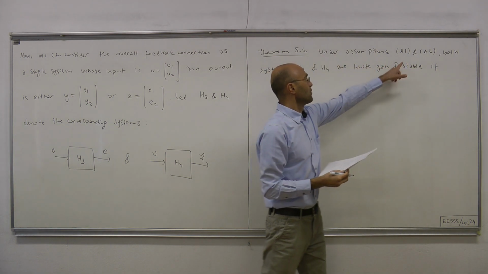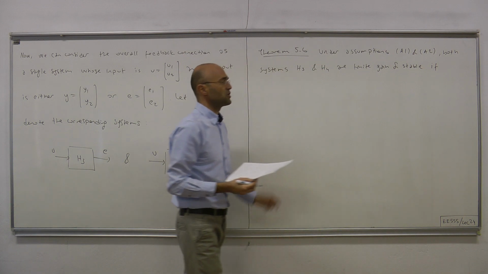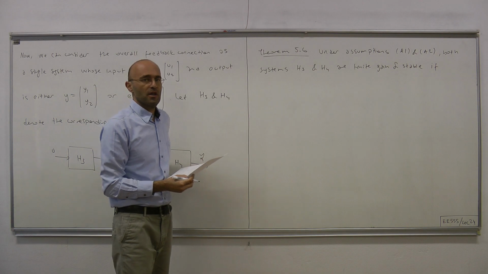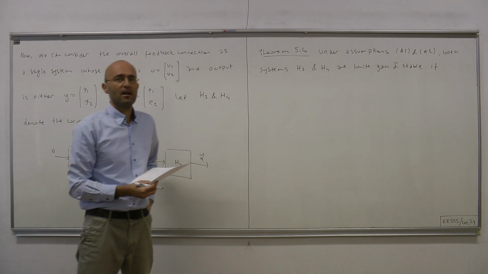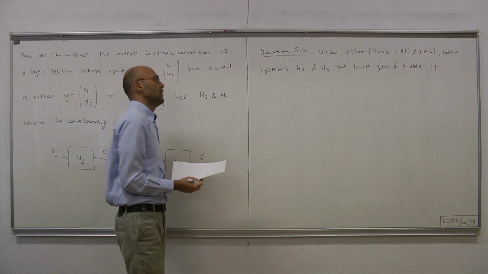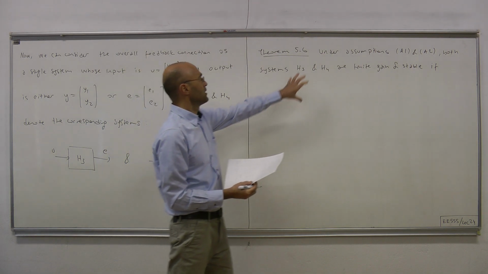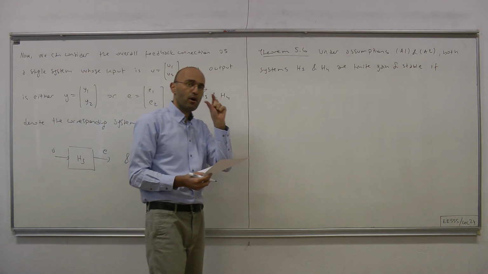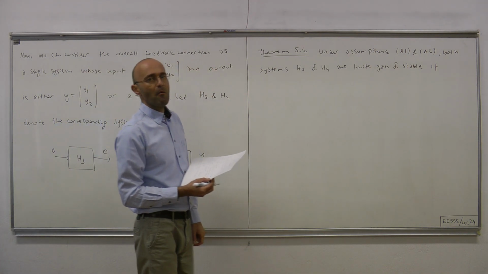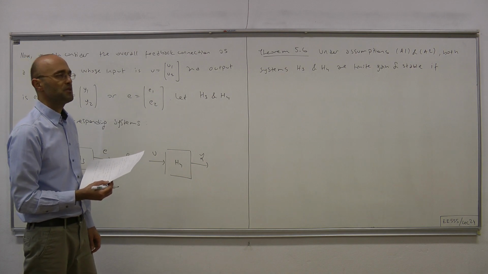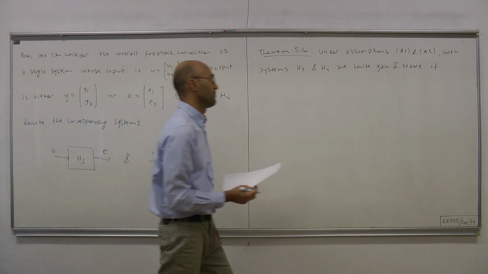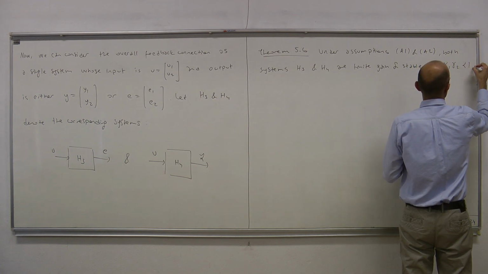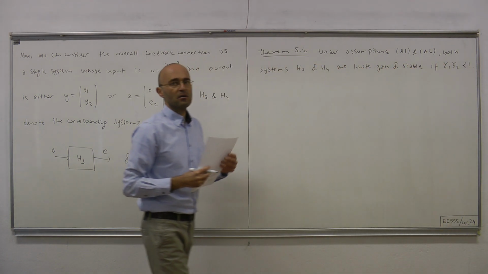Okay, so the second assumption once again was that each individual system was finite gain L-stable with gains gamma 1 for H1 and gamma 2 for H2. And now the feedback connection turns out to be L-stable if the product of those individual gains, gamma 1 and gamma 2, is strictly less than unity. If gamma 1 times gamma 2 is strictly less than 1.